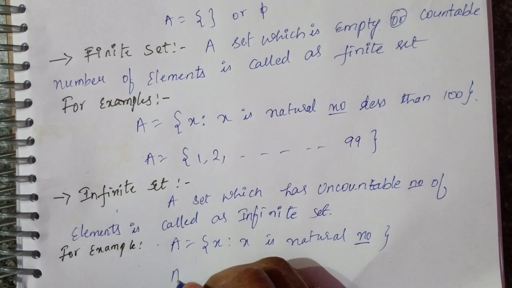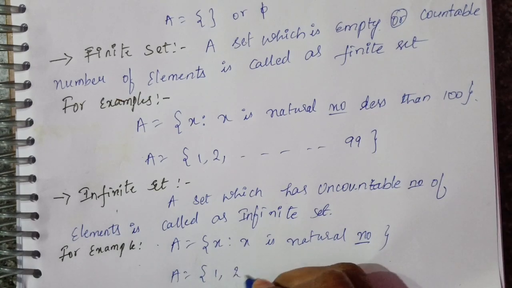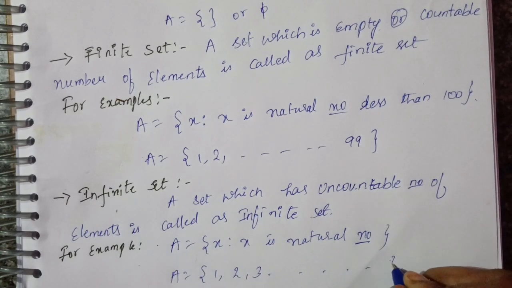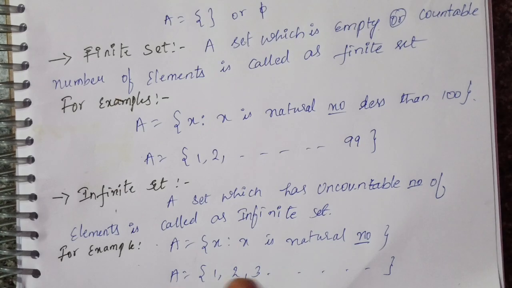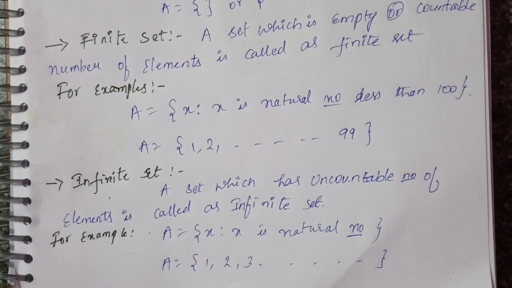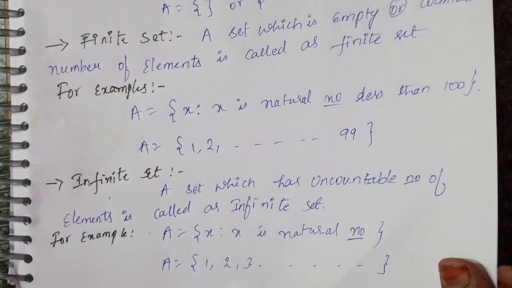Natural numbers in roster form I will write as 1, 2, 3 and so on. We don't know where it will end, so we call it uncountable numbers. We call it an infinite set. Next we'll go for equal sets.